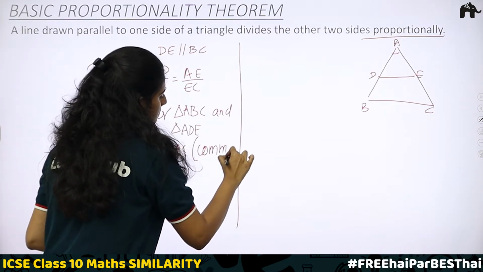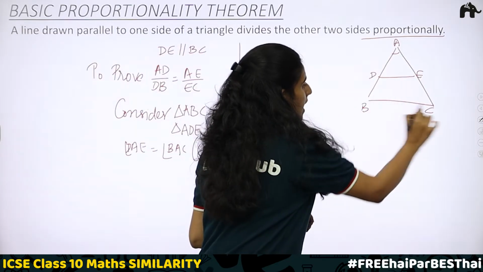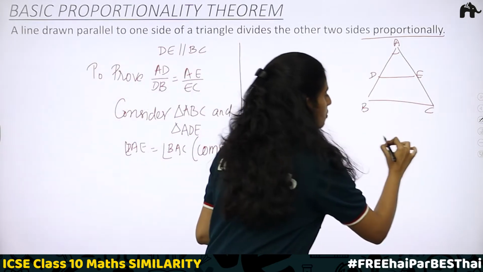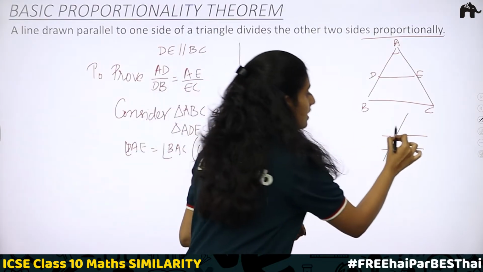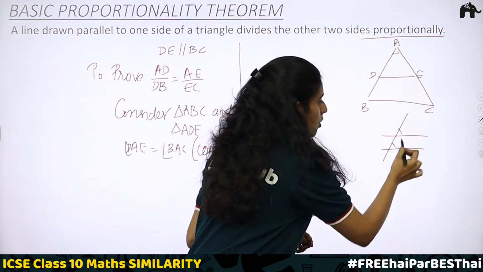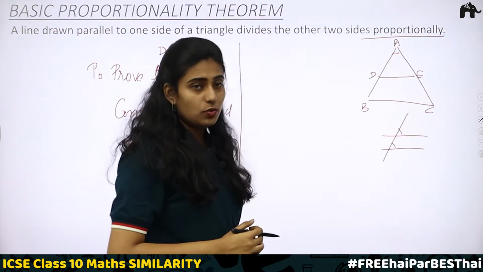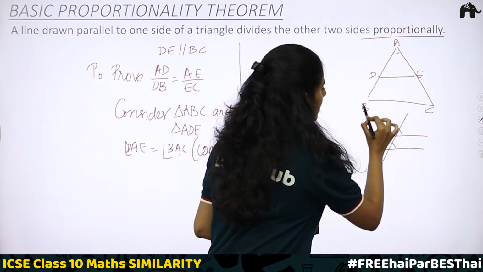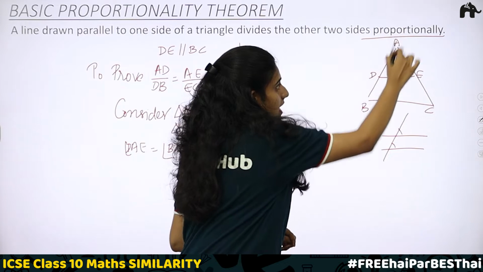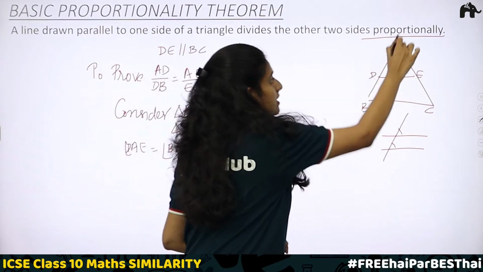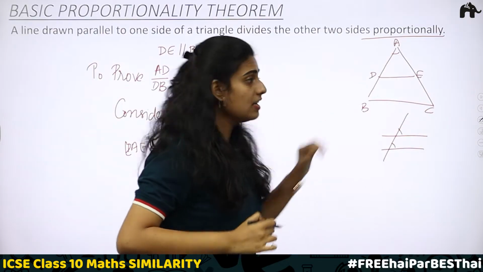Now, we know that DE is parallel to BC. When you have two parallel lines and a transversal passes through them, then the corresponding angles and the alternate interior angles are equal. We know that. So, here we have DE parallel to BC, and AB is a transversal that passes through DE and BC, the parallel lines.